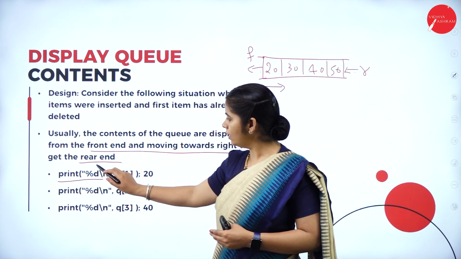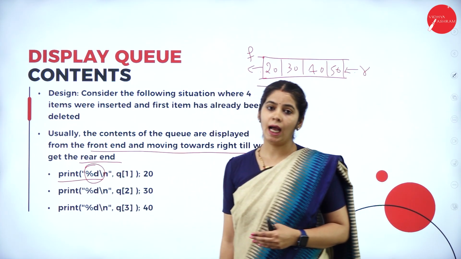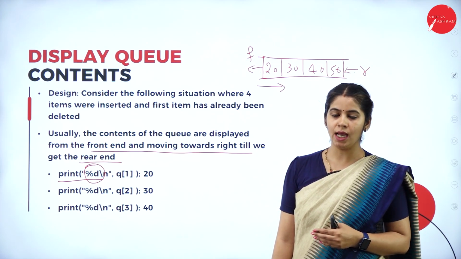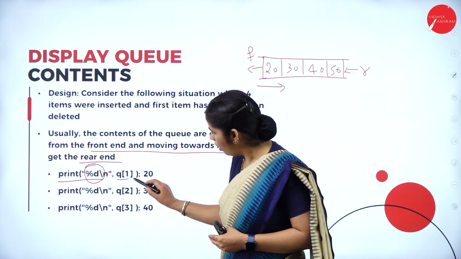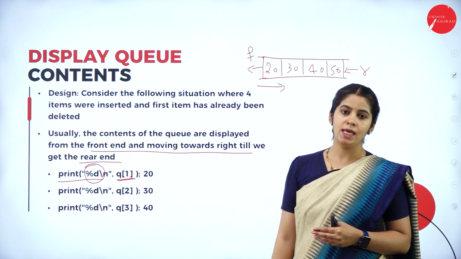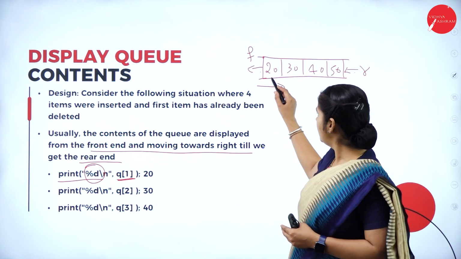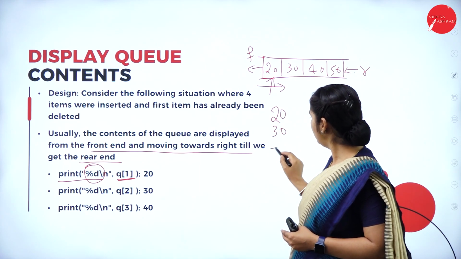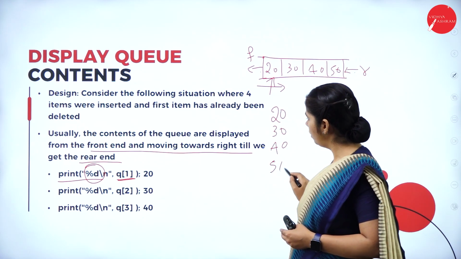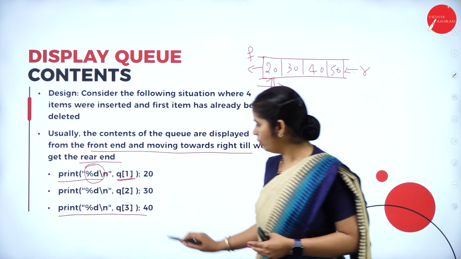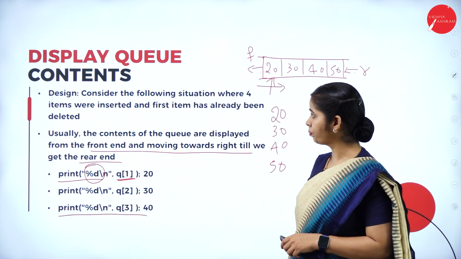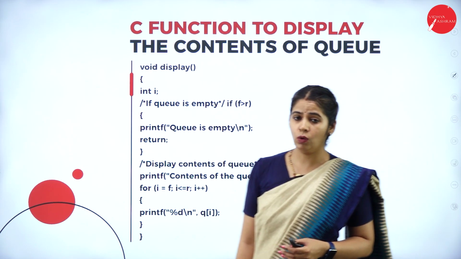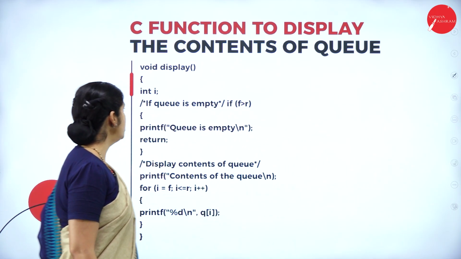We have to print the particular integer value or element which is there at the front index. First 20 will be printed, then 30, then 40 and 50 will be printed according to the statement given. Let us see the C code for this display function.